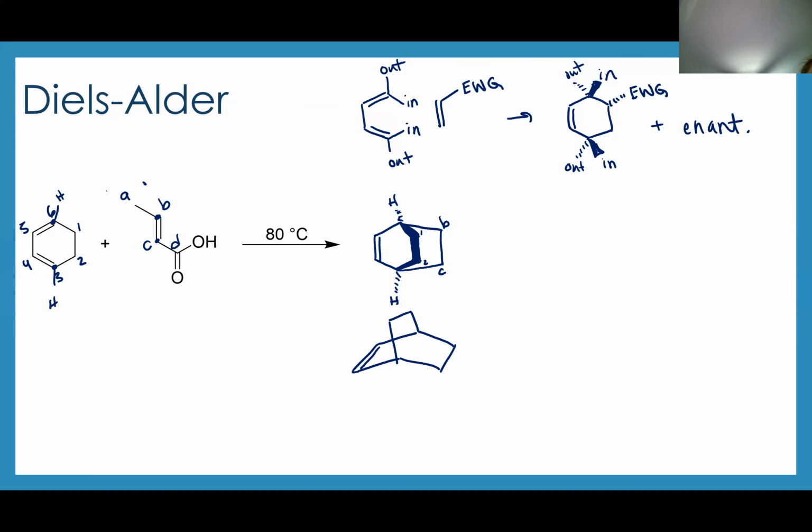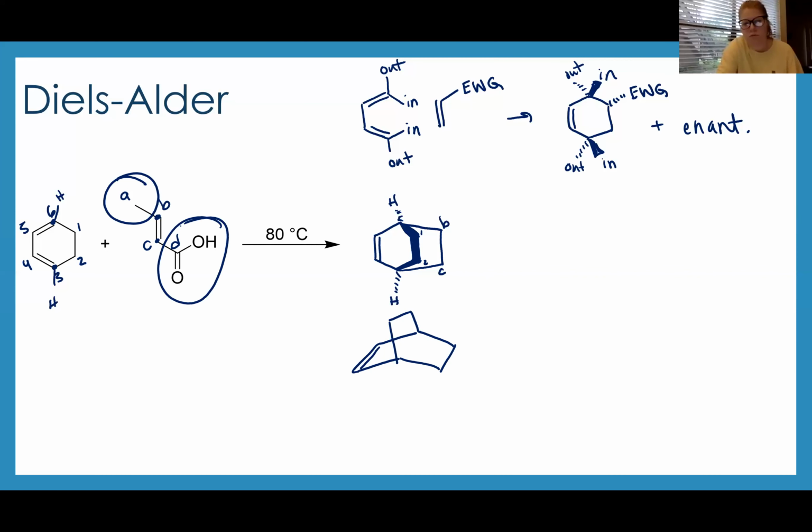Now we have a methyl group and we have a carboxylic acid. Is a methyl group an electron withdrawing group? No, it's actually electron donating, right? This is our electron withdrawing group.